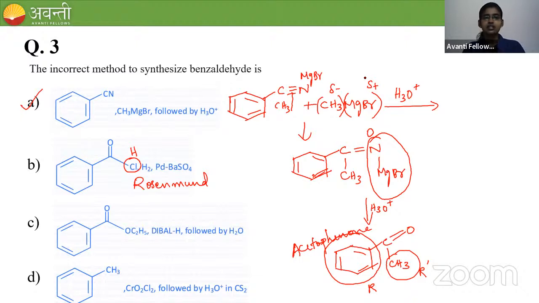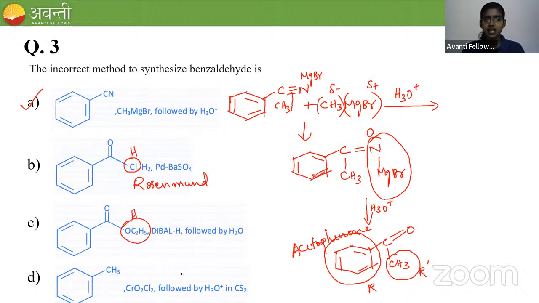Okay, fine. And in option C, you can see the ester is given. The ester on treatment with DIBAL-H, followed by hydrolysis, gives H here, since the OR group will be converted to H, and benzaldehyde is formed.